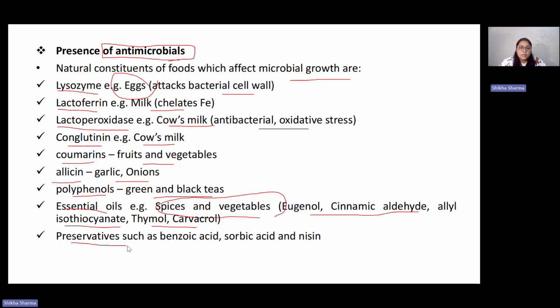And then some preservatives like benzoic acid, lysine, and sorbic acid are also present in some foods and foodstuffs, and they can act as antimicrobial agents. So these are basically all the factors based on which microbial growth will be there, or the growth will be inhibited.